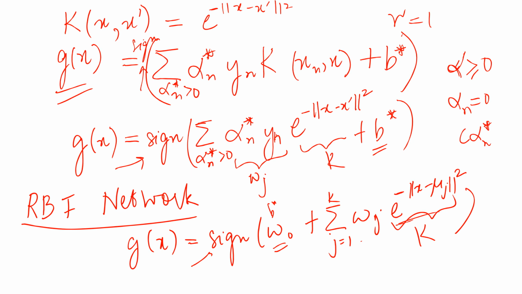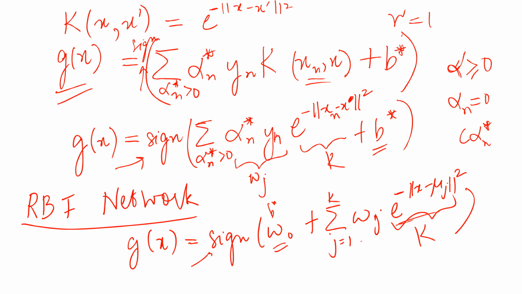So if we go back and think about these x's here, or x minus x prime, whatever we are writing here, it shouldn't be x minus x prime anymore. It can be xn minus x, isn't it? Because this is the kernel for the nth point, xn minus the data point, right?